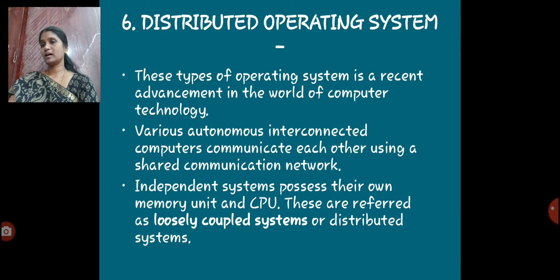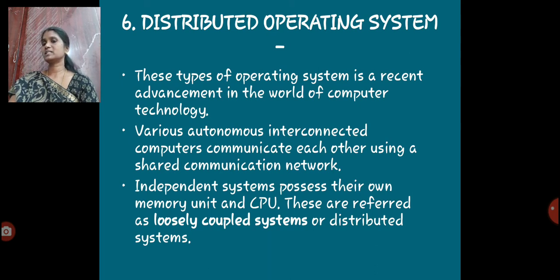And the last type of operating system is the distributed operating system. Distributed systems are currently being used. A distributed operating system is various autonomous systems running in a single environment, and every system has its own input output device, its own CPU, its own operating system, everything.